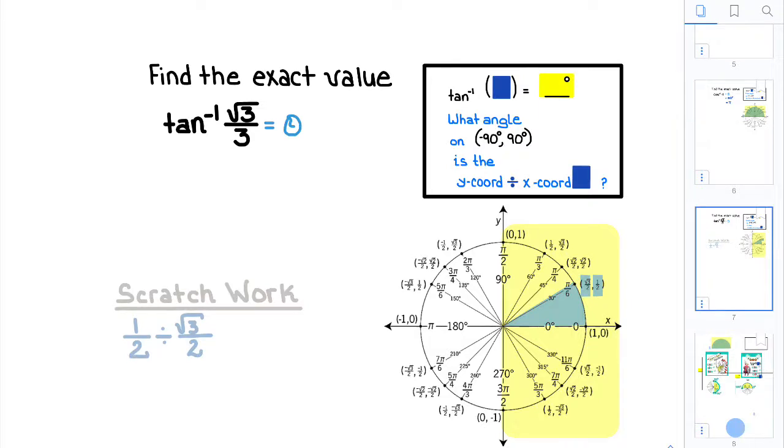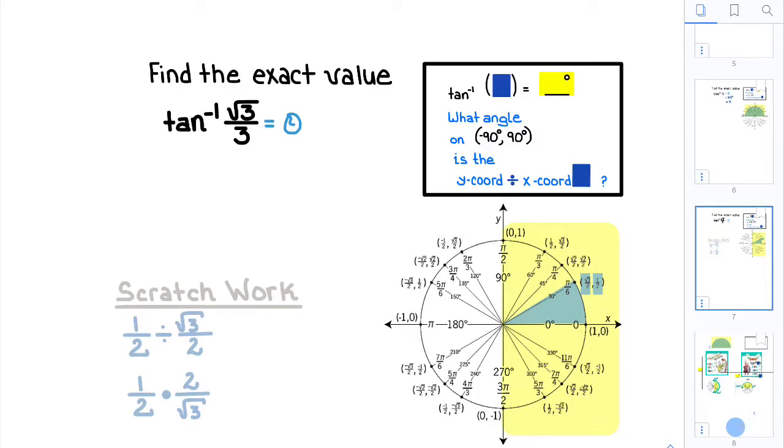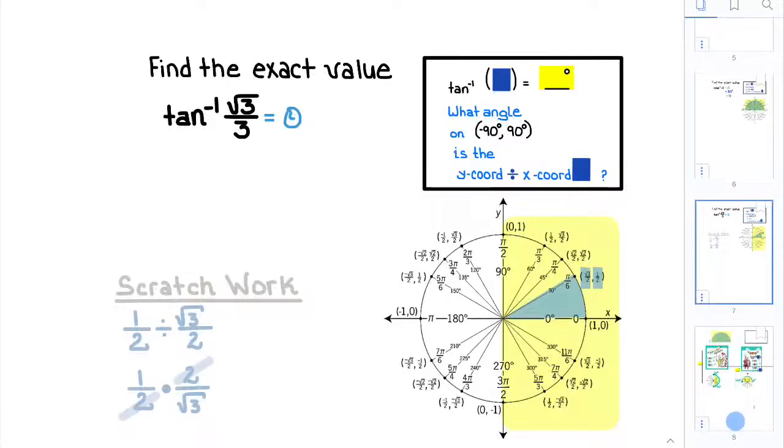If I take the y-coordinate 1/2 divided by the x-coordinate root 3 over 2, then I'm going to take the reciprocal of the second fraction and change that to multiplication. I can cancel the 2's, multiplying straight across.